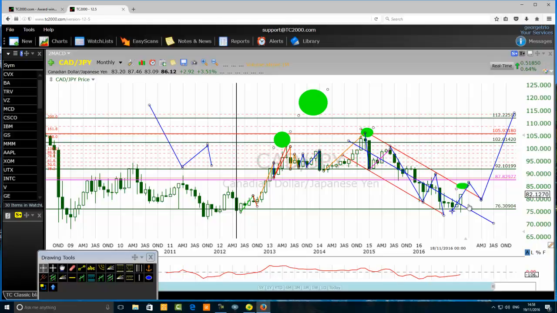So that will be a double bottom with a higher low or a double bottom with an equal low.